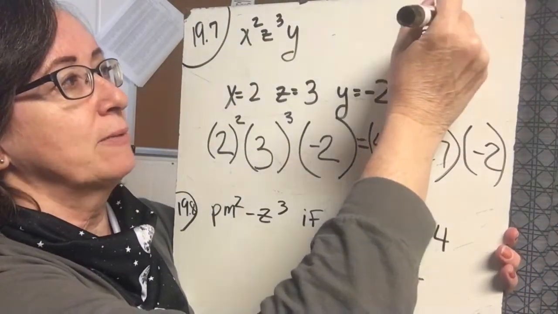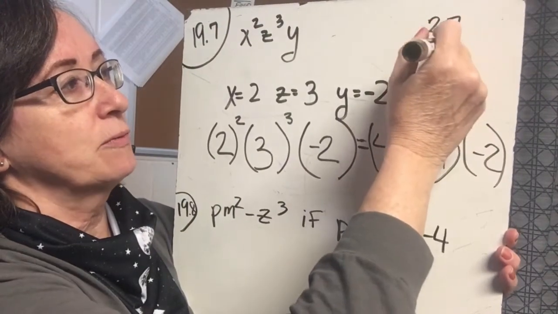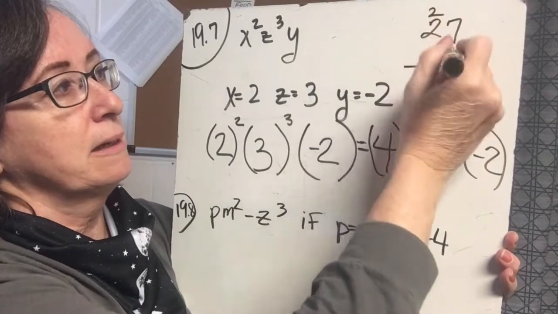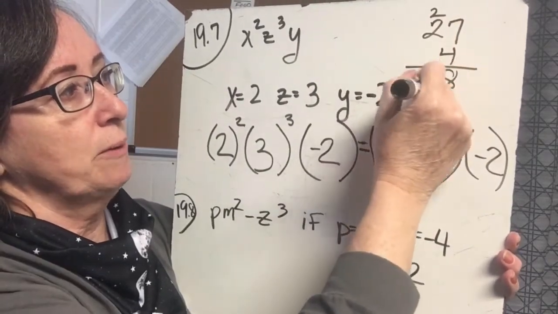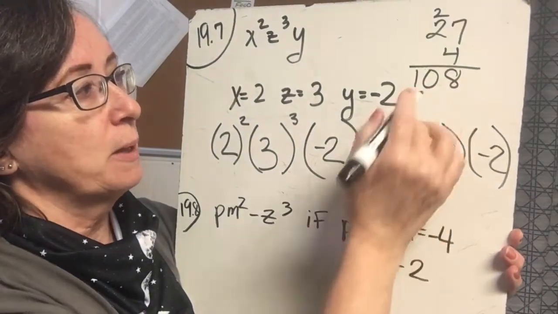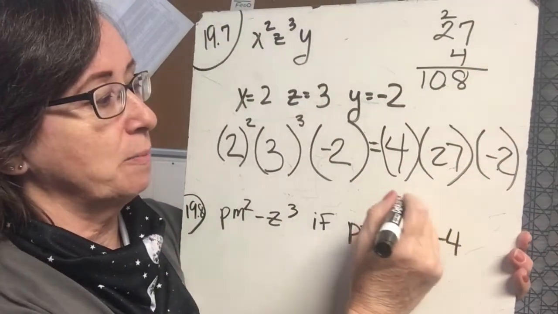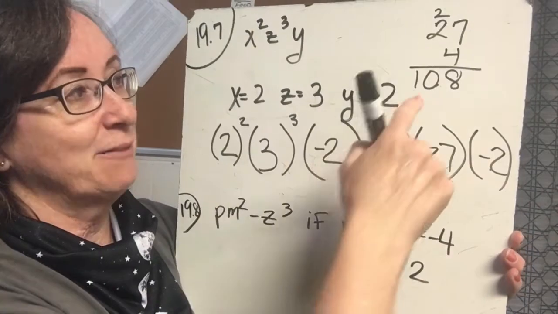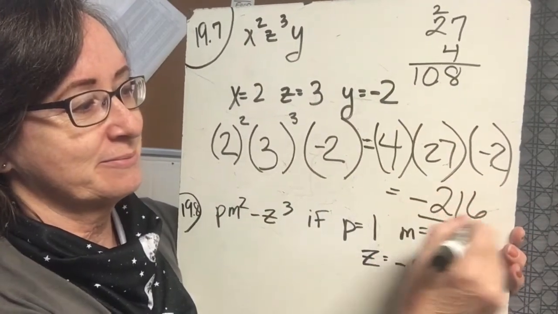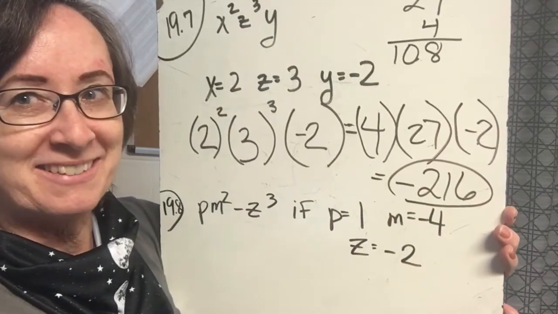So 27 times 4 is 108, times a negative 2. Okay, so a positive times a negative will give me a negative number. And if I double that, don't I get 216? I don't even need to do the math, do I?